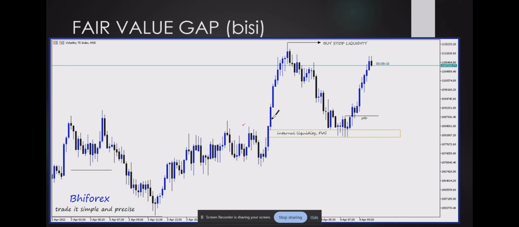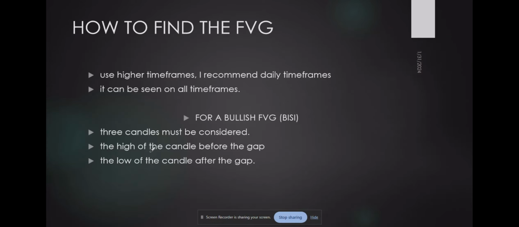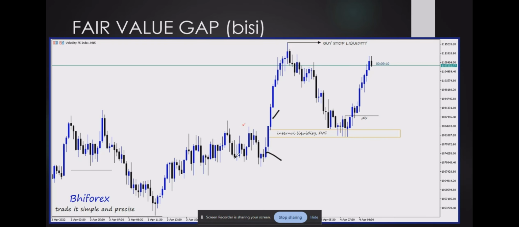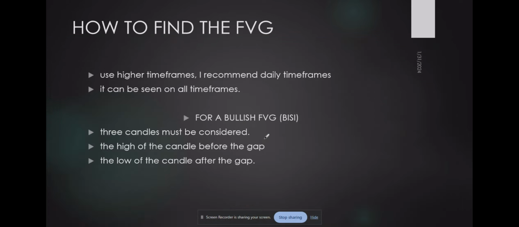So this one is the candle after the one that created the gap, and this one here is the one before. So the gap between the wicks, that is why I said we want to look at the high of the candle before. This is the candle before, right? So what is the high of the candle before? It is the top of this wick. That is the high. And also we want to look at the low of the candle after the gap.